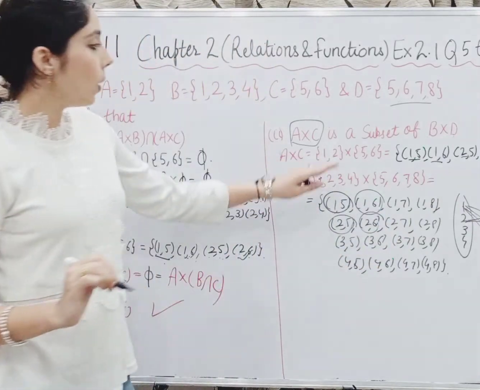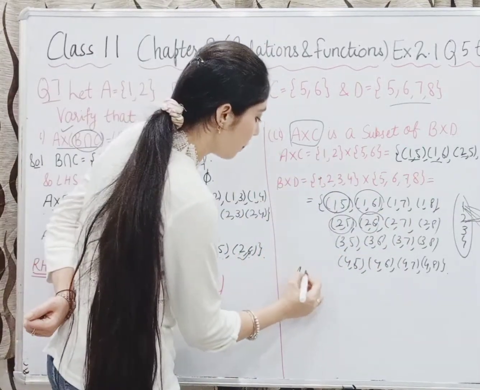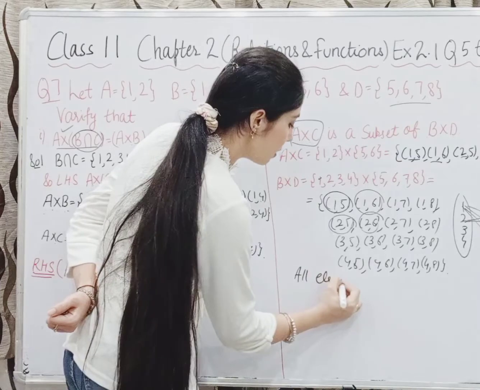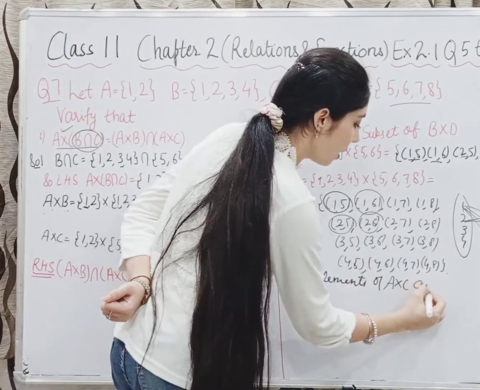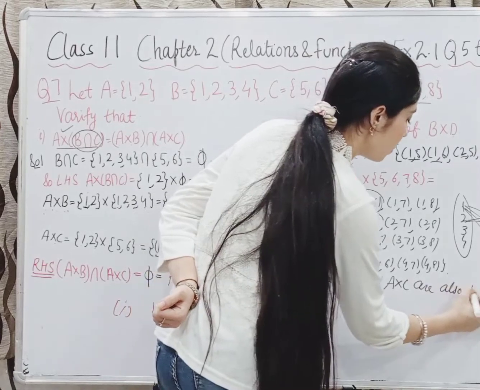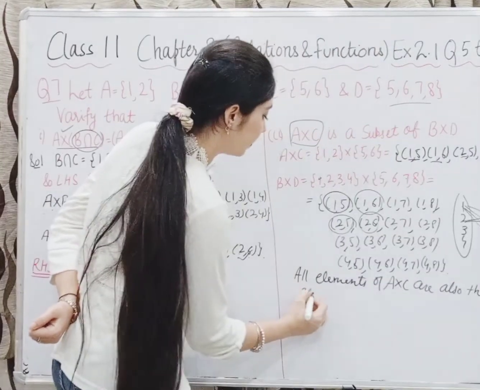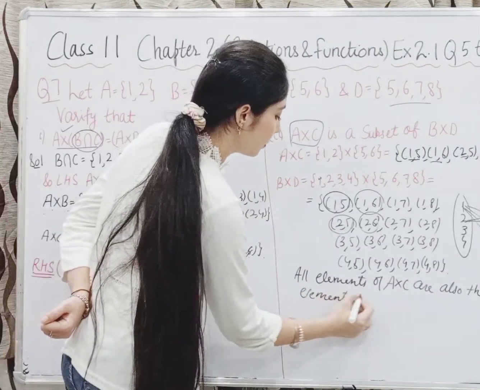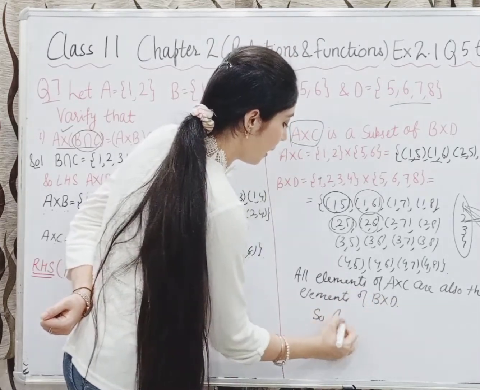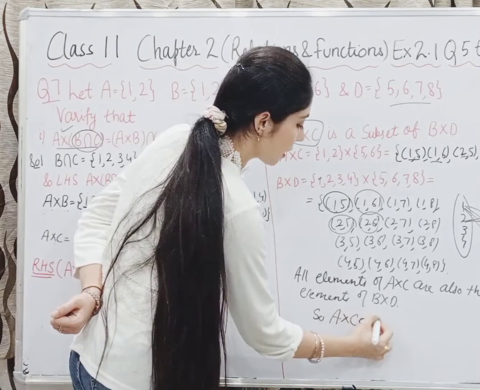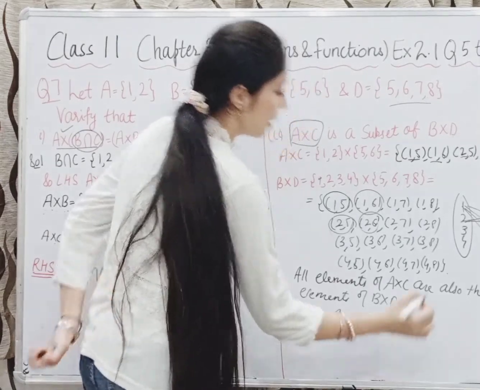Yes. So all the elements of A cross C are also elements of B cross D. So A cross C is a subset of B cross D.